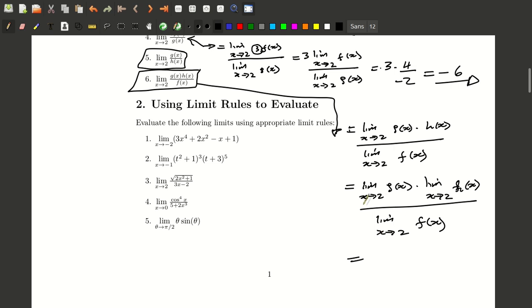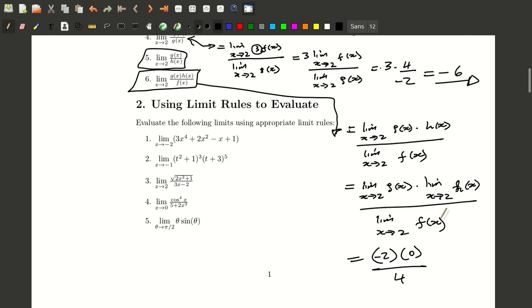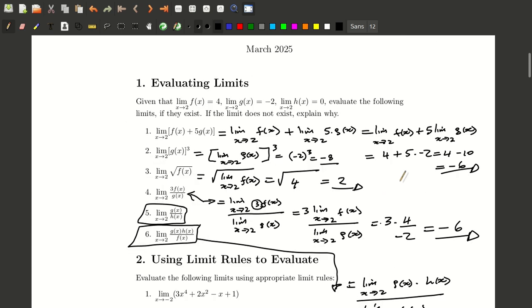Going back to the statement, we know that the limit of g of x as x approaches 2 is going to be minus 2. And the limit as x approaches 2 of h of x, it was a 0. And the limit as x approaches 2 of f of x, it was a 4. Just to confirm here, the limit as x approaches 2 of h of x is 0. I gave you a 0 here. The limit as x approaches 2 of g of x is minus 2.